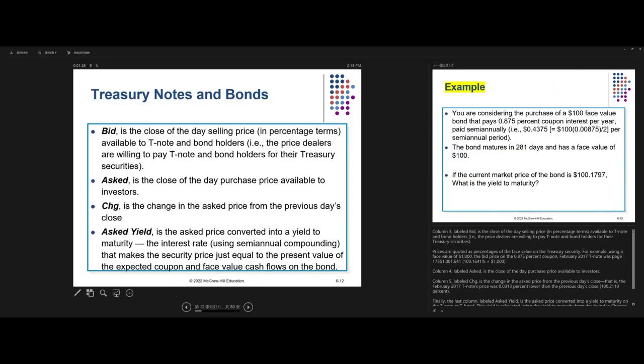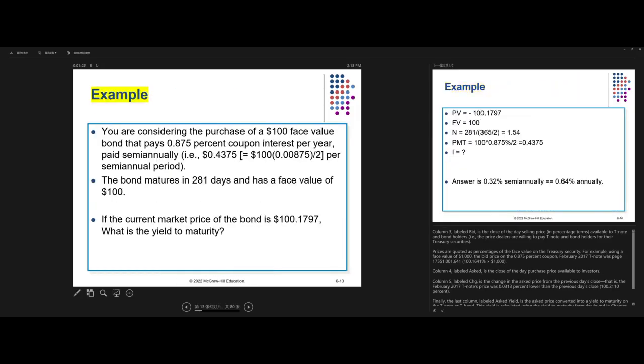And then the most important part of the first class in Chapter 6 is you need to know how to calculate the yield to maturity. So this is just a simple time value of money calculation. The only thing you have to be very careful is that always remember to use semi-annual compounding.